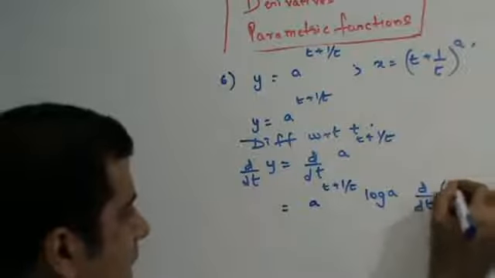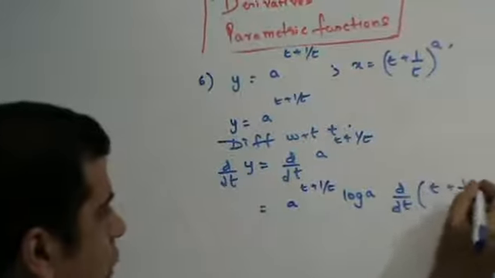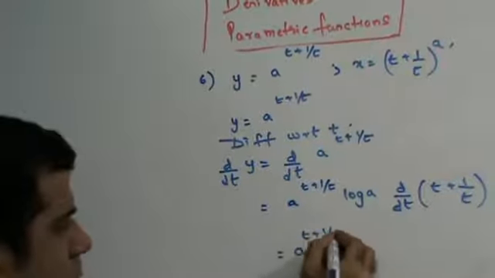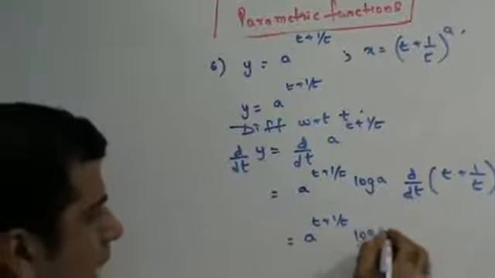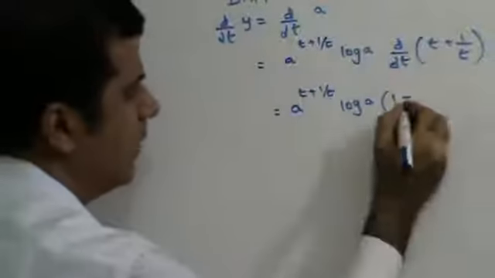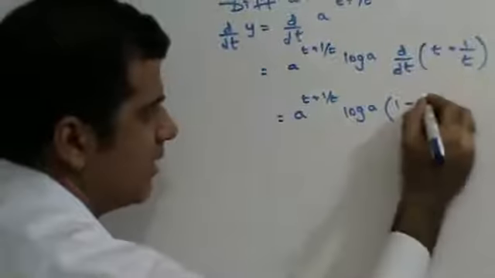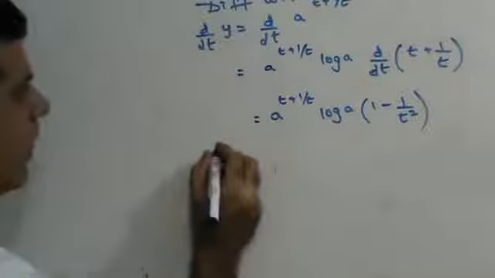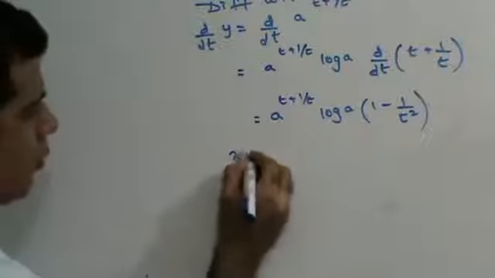So this is going to be d by dt of (t plus 1 upon t). So this is a raised to (t plus 1 upon t) log a, d by dt of t is 1 plus d by dt of 1 upon t is minus 1 upon t square. Right? Now once you have dy by dt, let's move on to x.